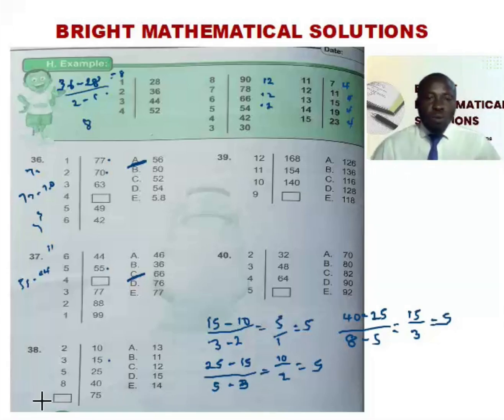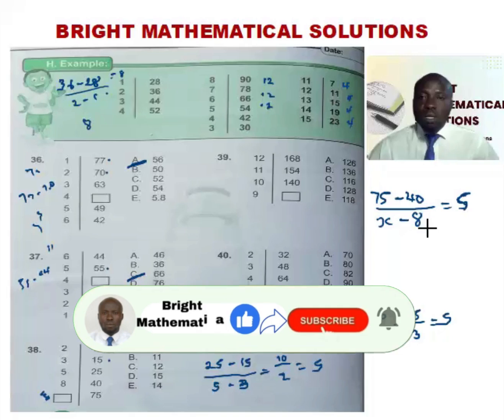Now, we were to find this particular unknown. So this one is 75 minus 40 all over. We don't know what is here. Let us say this is x minus 8 equals 5. Remember, just as we are deriving 5, we know that the series follows this.